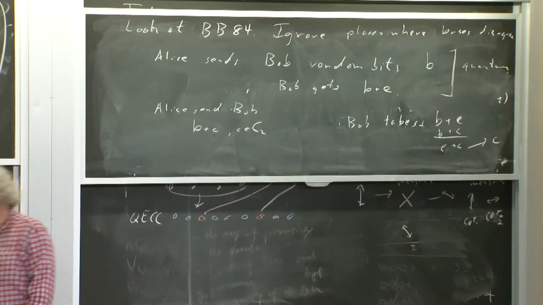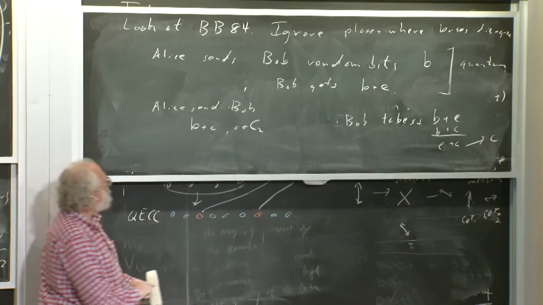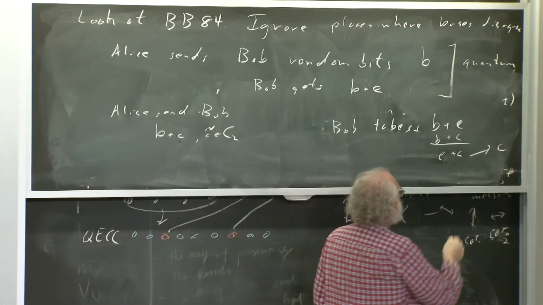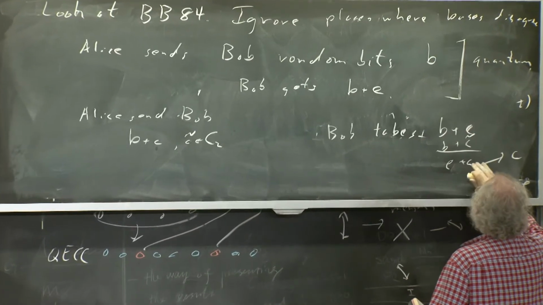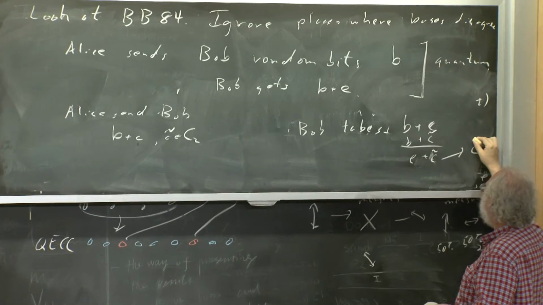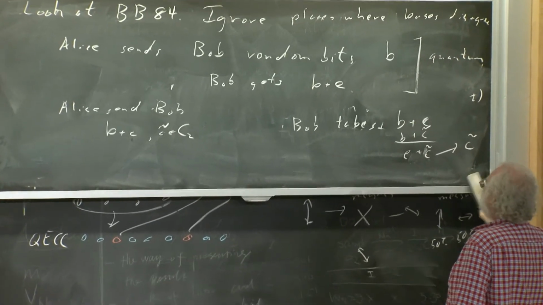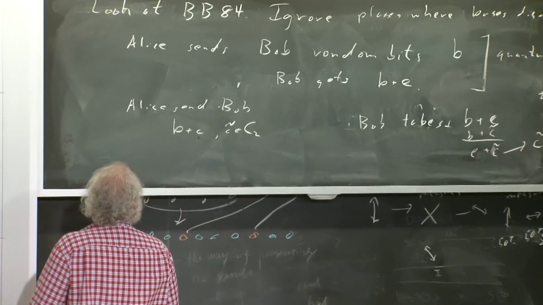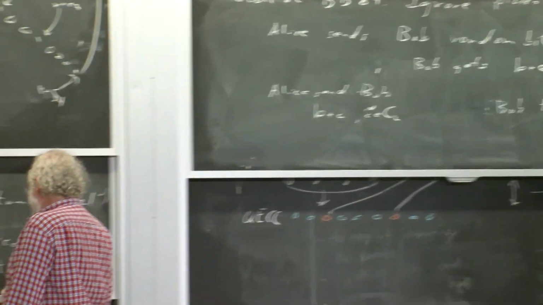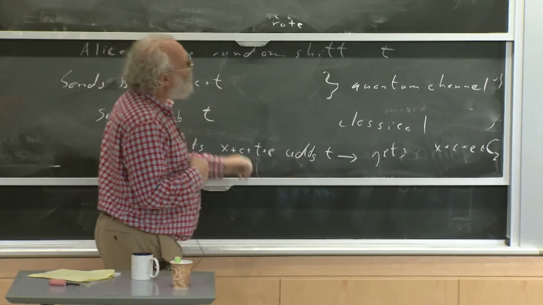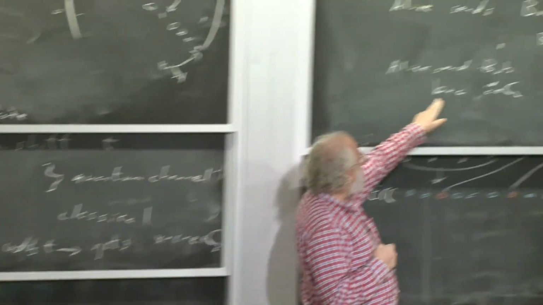I just noticed that I have done nasty things with variable names, which is so very common. So let's call this C tilde, and C tilde was in C2. Just looking at this, we can have a dictionary: T here corresponds to B here.